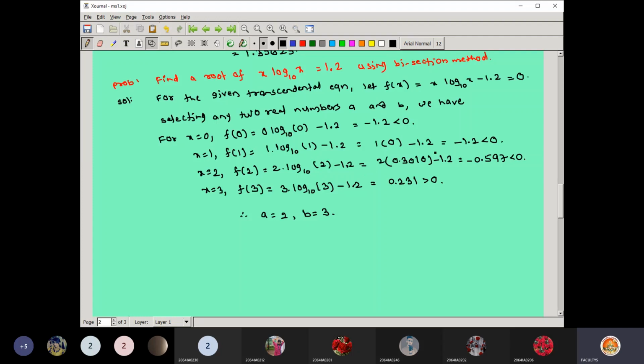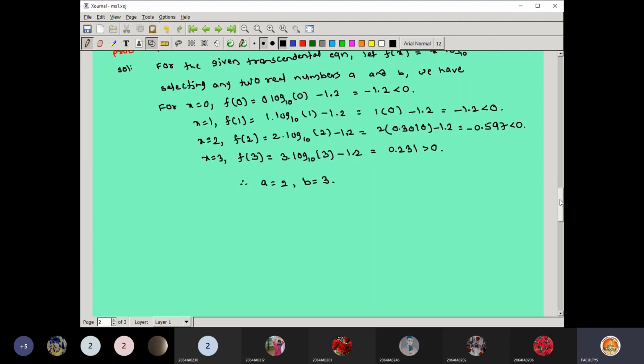So once you know A and B values, better you go for the approximate root. The approximate root is given by, I'm giving you the formula, very simple. Xn is equal to a plus b divided by 2. Here n takes the value 0, 1, 2 and so on.